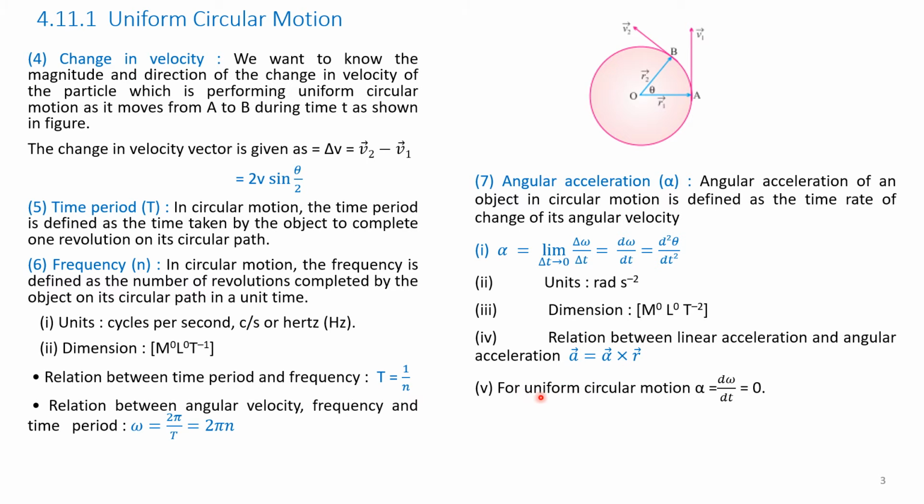For uniform circular motion, alpha is equal to 0, that is alpha is equal to d omega by dt is equal to 0. For non-uniform circular motion, alpha is not 0.